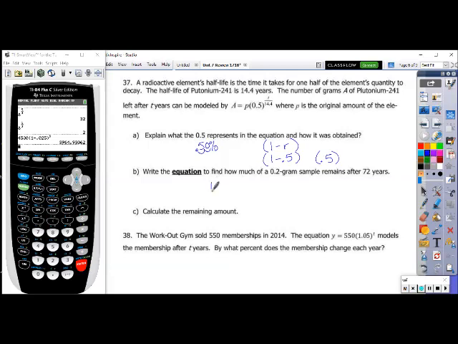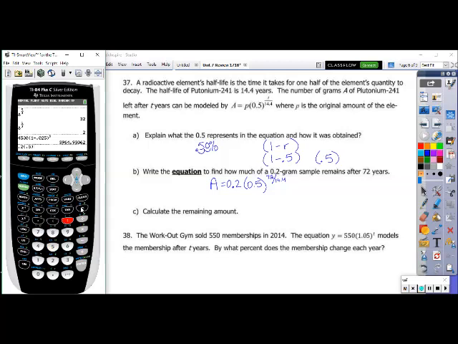Our P would be 0.2, and then we write our times 0.5, and then we have to put our 72 divided by 14.4 years, and we can put that straight in our calculator. 0.2 parentheses 0.5.